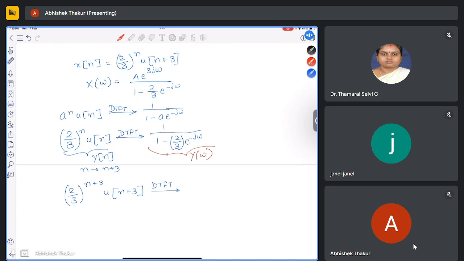The DTFT will become e^(3j omega) into Y(omega).